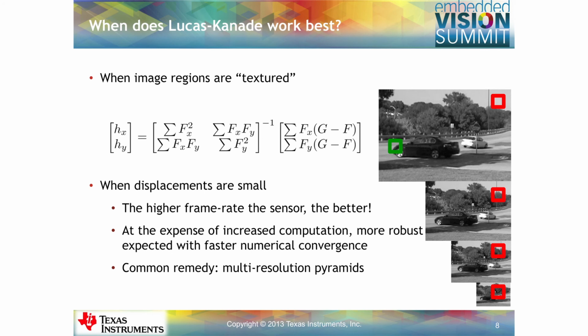So when should we expect this to work well? Well, for one thing, the image regions where we are going to compute this need more or less some texture. Mathematically speaking, we're about to invert this matrix that has the image derivatives in it.